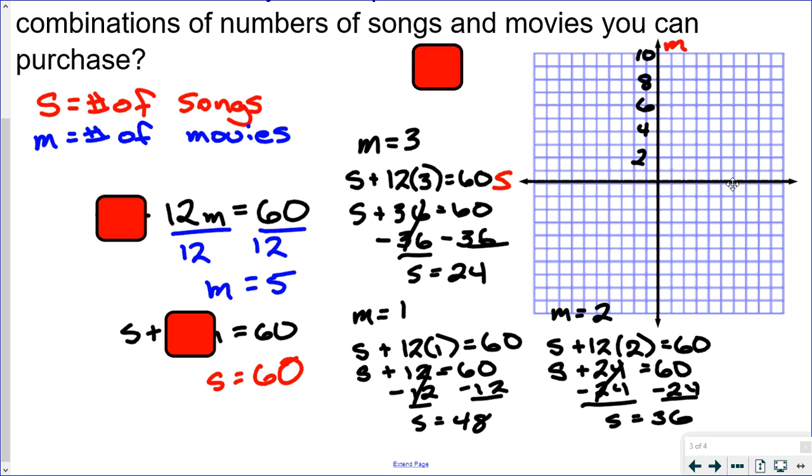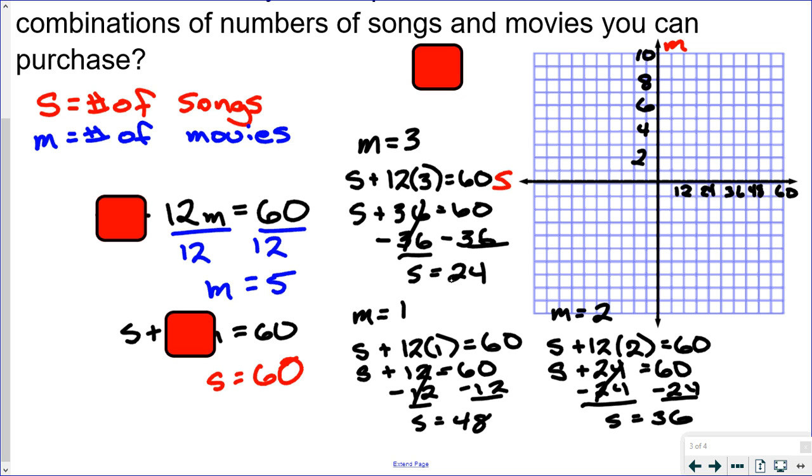So let's count by sixes, okay? So let's go 6, 12, 24, 36, 48, and 60. So I'm stretching this out so that I can hopefully find some points on the graph to give me this information that we got mathematically here.